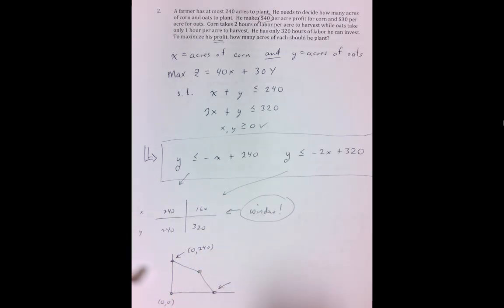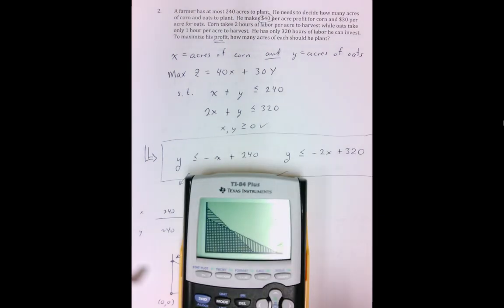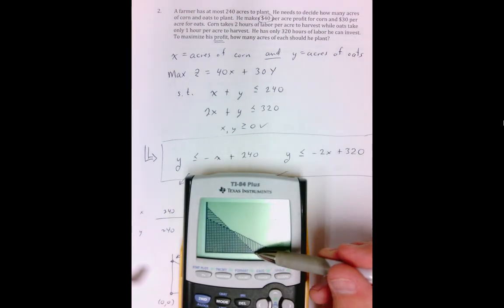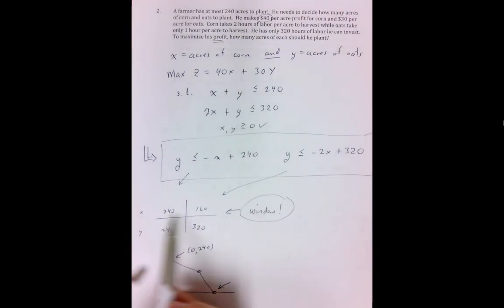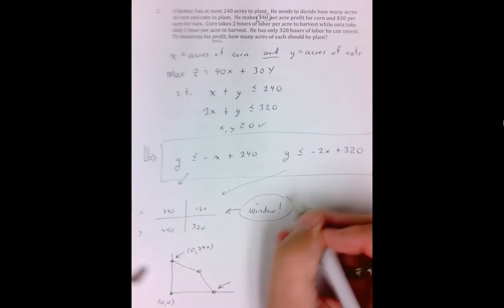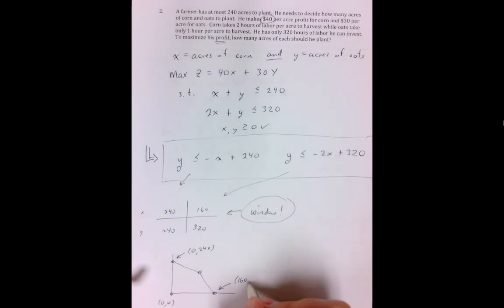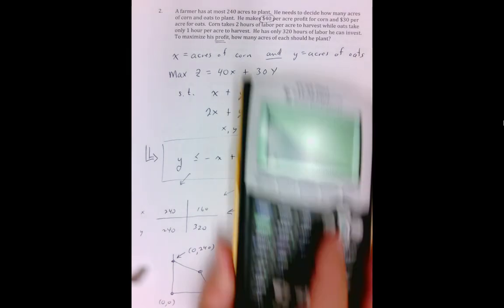This point right here has to be the least of my two x-intercepts. There's one x-intercept, there's the other one. It's got to be the least of those. Well, I've got 240 to choose from and 160 to choose from. And then I'm going to let my calculator do the rest.